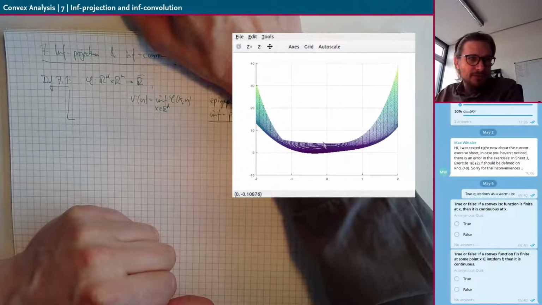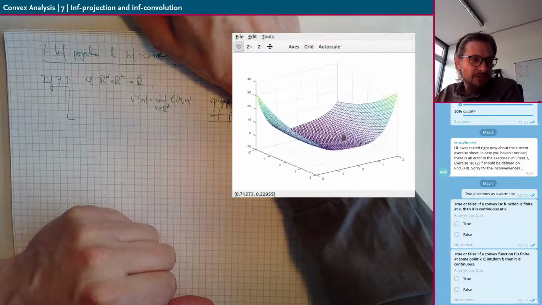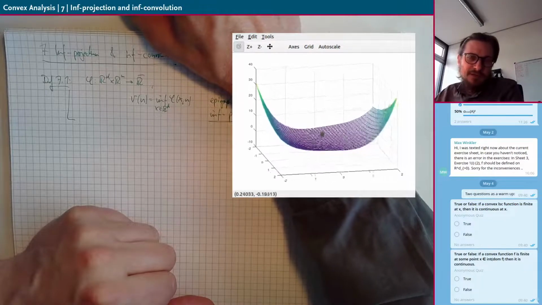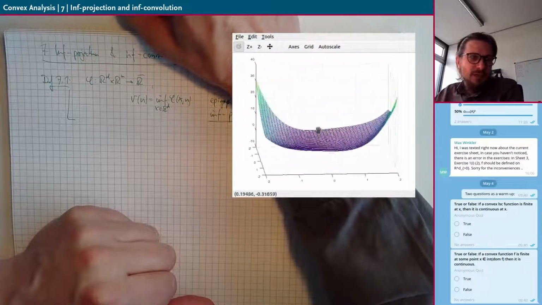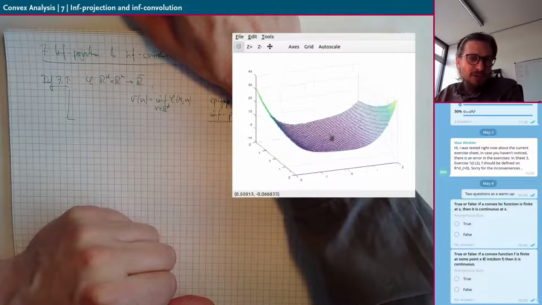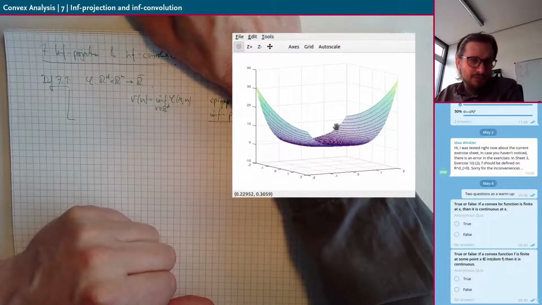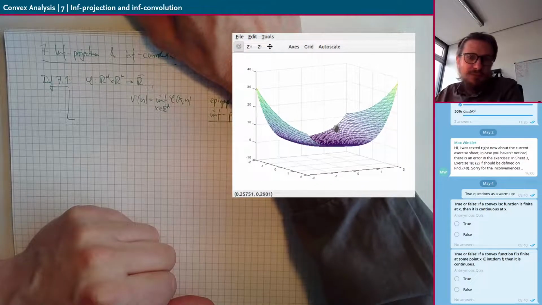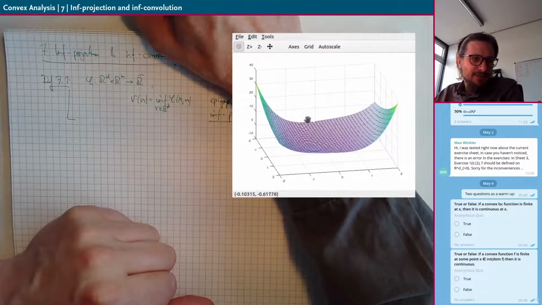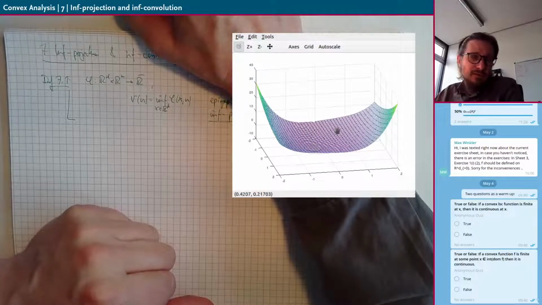You can just look at it from different sides. It's actually a convex function, but it doesn't matter too much. So what is the inf-projection on one of the variables here? What you need to do for the inf-projection is to look at the function along one direction, let's say this one, and along this direction always take the minimum value of the function you find.